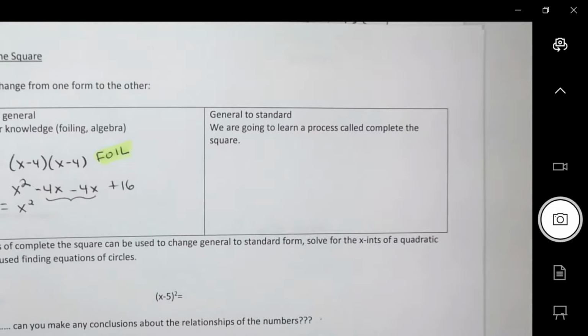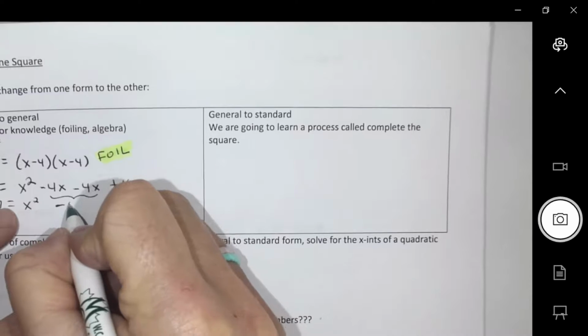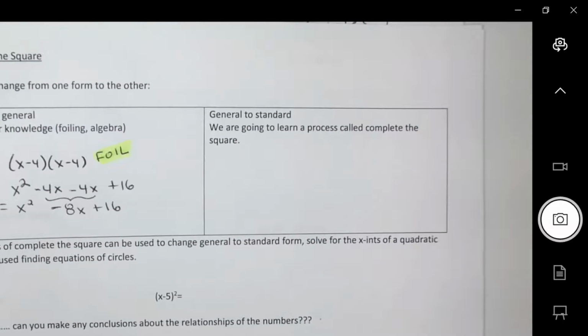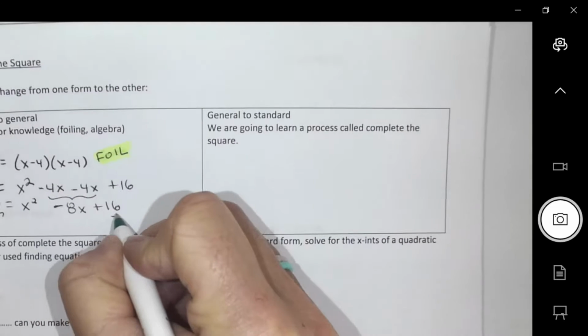So those can now go together, right? Because they're like terms with each other. So I can say minus 8x. And I still want to do one more thing. What else do you think I would do to make it finalized? Just type the 7. Get rid of the 7.